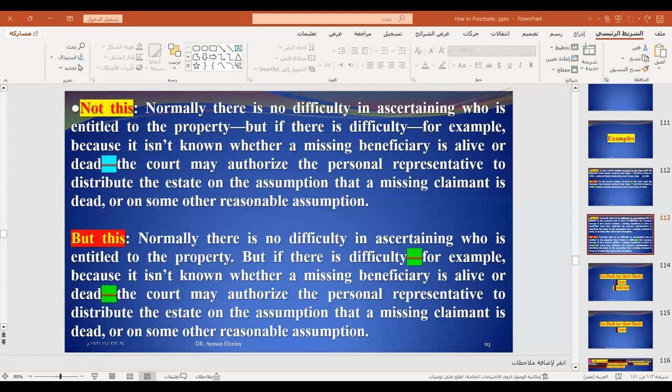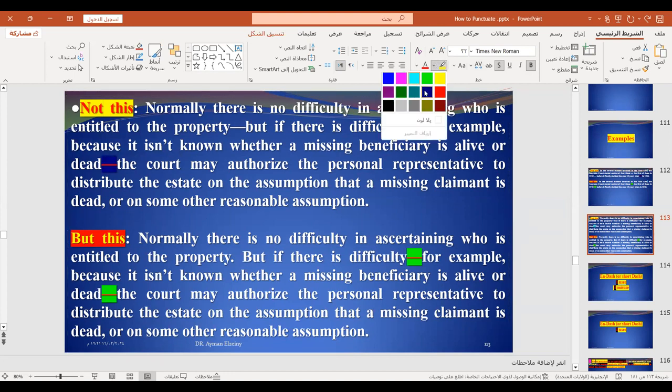In such a case, we must not put em dashes here after that. We have to remove them.